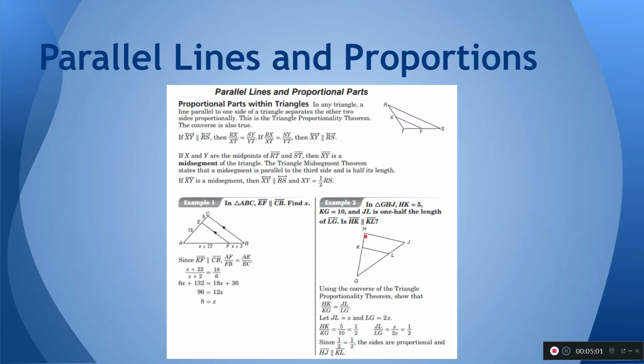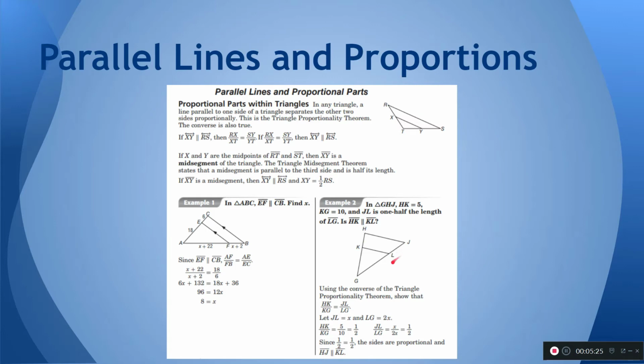So what we're told is that HK is 5, KG is 10, and JL is 1/2 the length of LG. So we have over here 10 for this longer segment, half of that over here, 5.